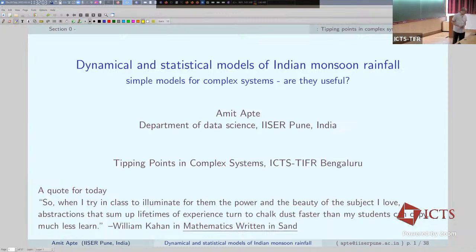Okay, so I will talk about a very specific system. This is not a very general talk. It's about a very specific topic, which is the Indian monsoon. That's one of the topics that Tim Lenton mentioned yesterday. My point would be to try to convey the difficulties in addressing the questions related to Indian monsoon, and show some non-results and leave with some questions.